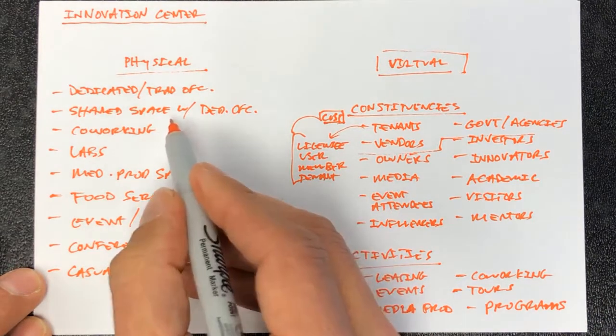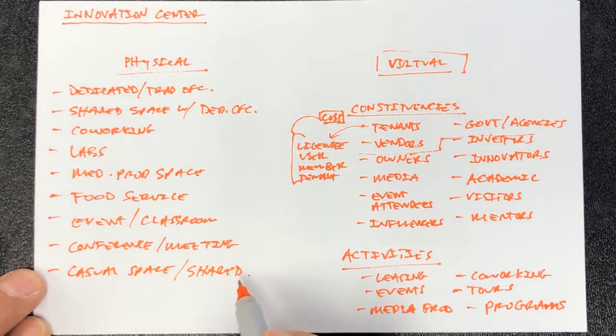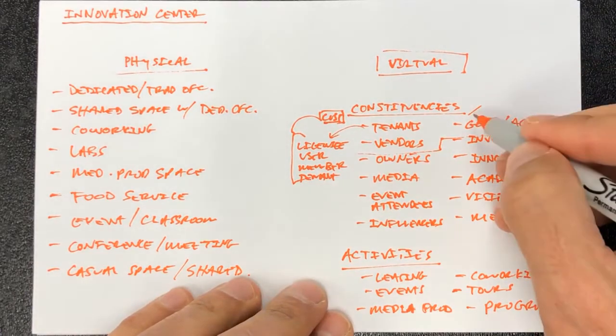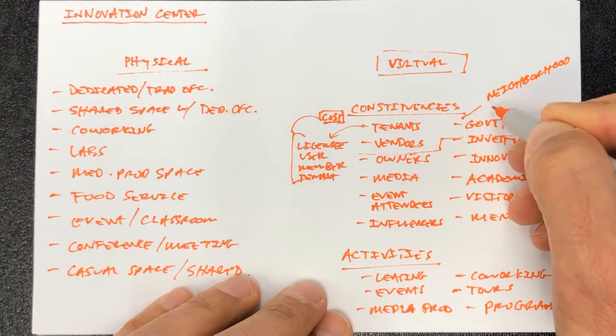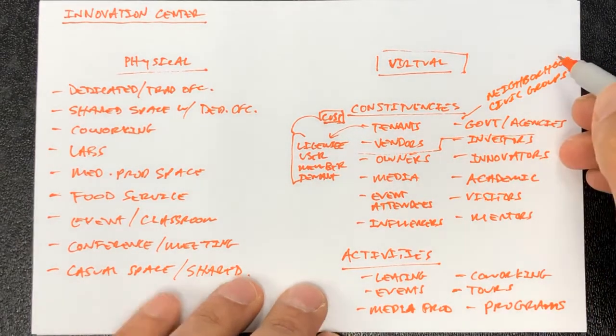That's similar to shared, but this is more like a work style, and this is shared for the property overall. A couple more things I'm forgetting: don't forget the neighborhood or civic groups. This could be schools, churches, clubs of various kinds.